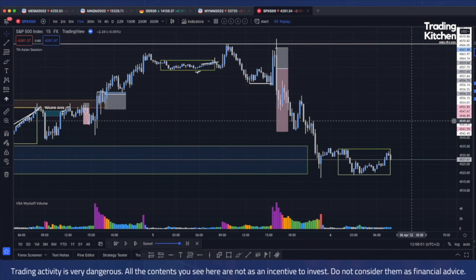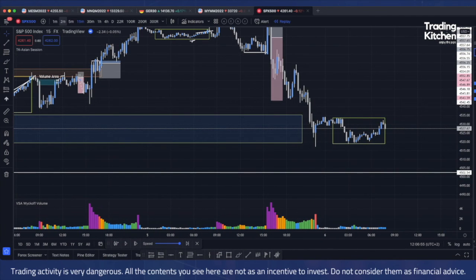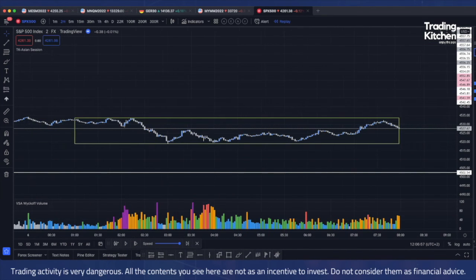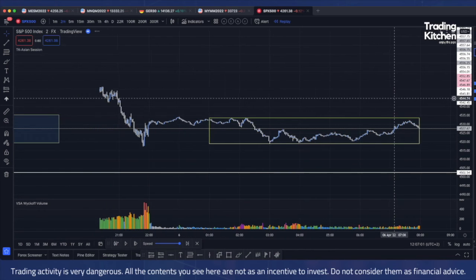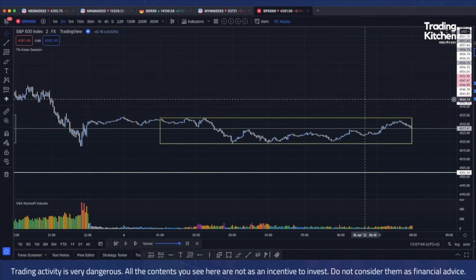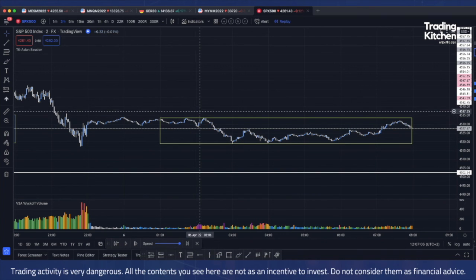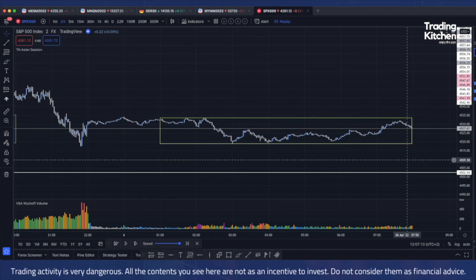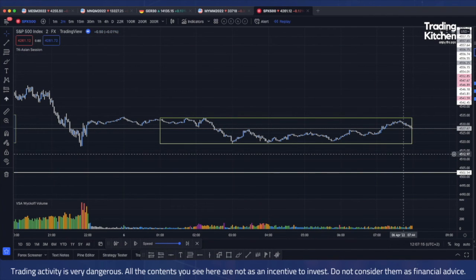So 2 minutes time frame, we are bearish. Sorry. Okay, the main structure is clearly bearish. Okay, so the Asian session is not directional, is consolidating. Okay, is short. So what does it mean? That we're going to expect a strong movement.